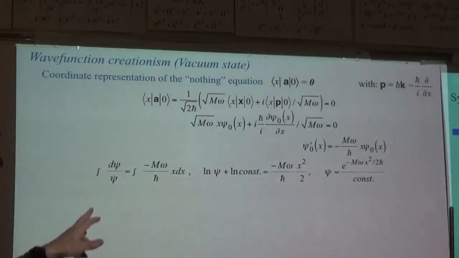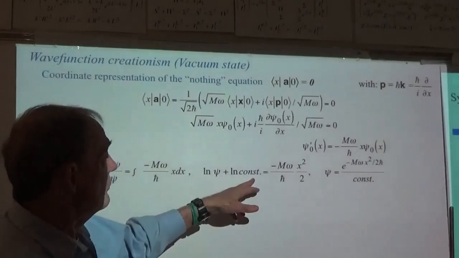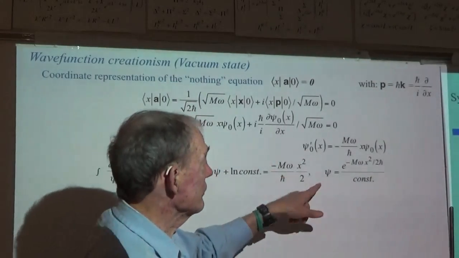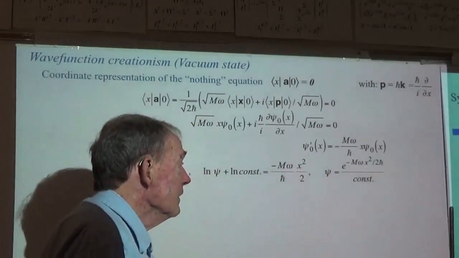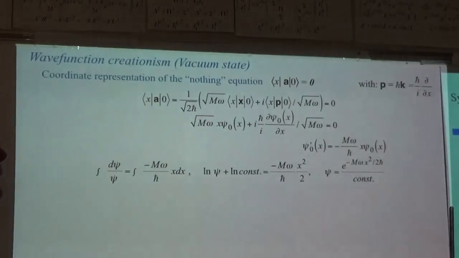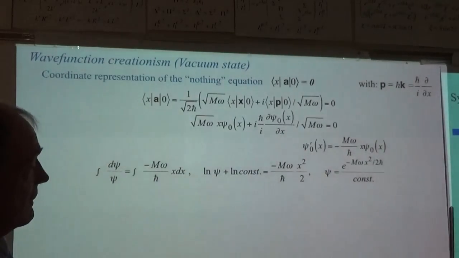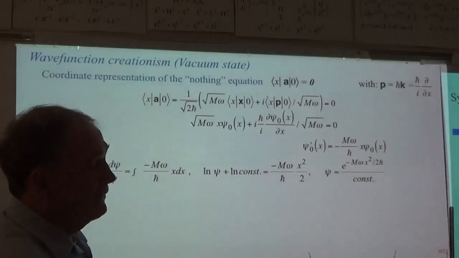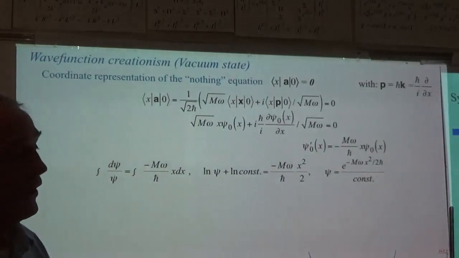So we're going to be integrating that ratio, getting a logarithm, which gives us this. So that's the famous Gaussian wave function for the vacuum state of the oscillator. That's kind of neat. It's this thing, and it's what's going on the screen down at the end there.